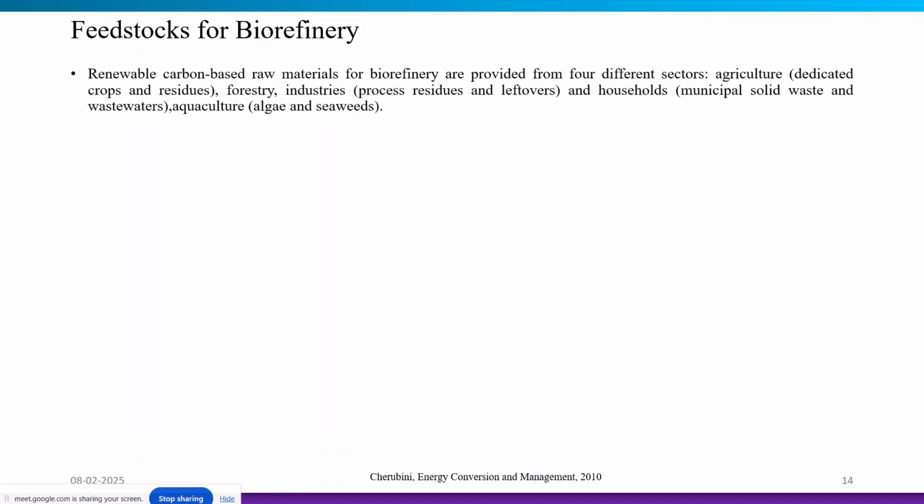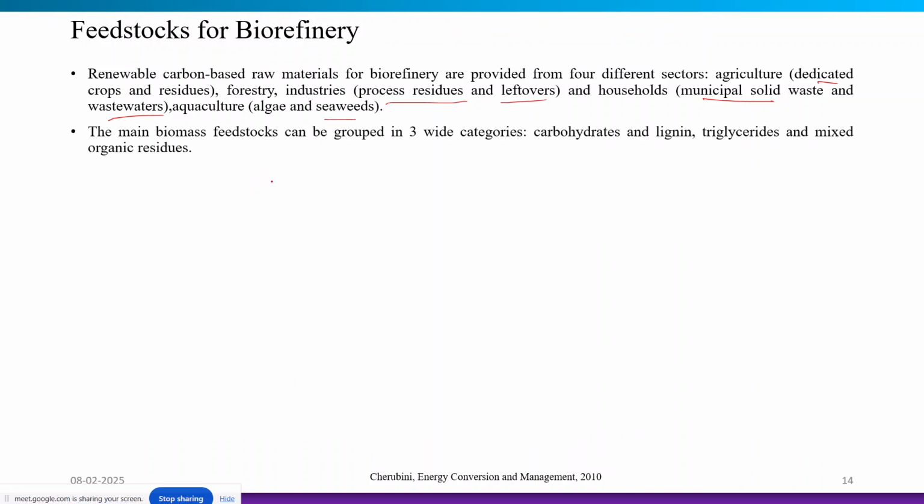These renewable carbon-based raw materials for biorefinery are provided from four different sectors: agriculture, which is dedicated crops and residues; forestry and industries as well, like processed residues or leftovers; household, the source of municipal solid waste and wastewater; and aquaculture, like algae and seaweeds.